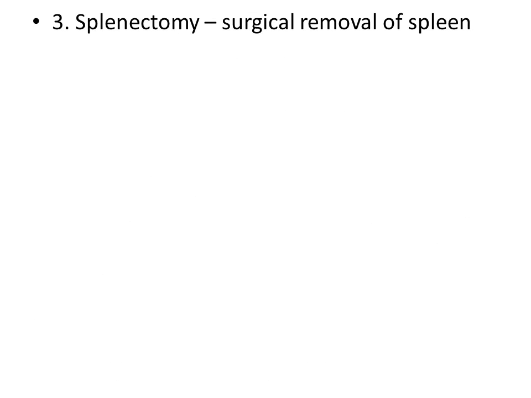Another clinical aspect is splenectomy. Now what is splenectomy? It is the surgical removal of the spleen, but during this operation we have to take care of the tail of pancreas. Damage to the tail of pancreas has to be carefully avoided, as the tail of pancreas is very rich in islets of Langerhans.